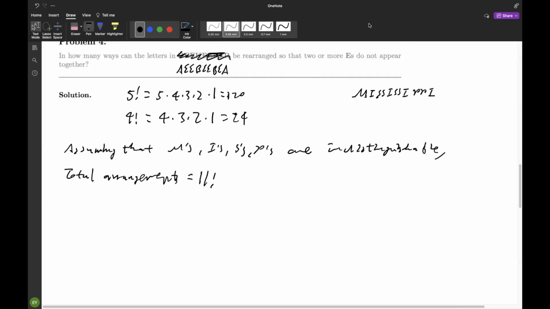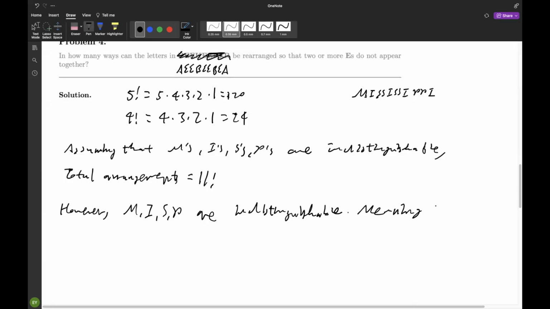Okay, thank you. However, M, I, S, and P are indistinguishable, meaning we need to eliminate the repeating part.